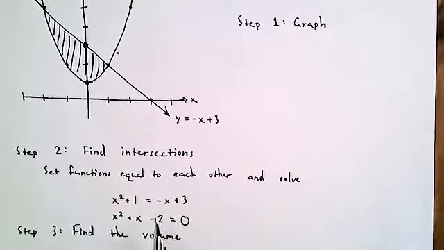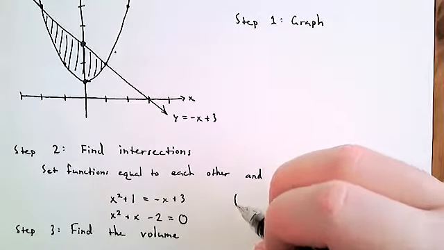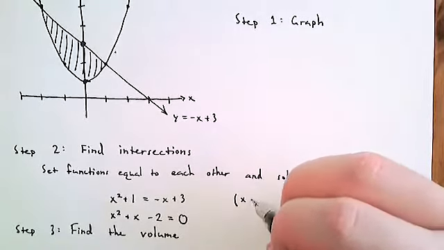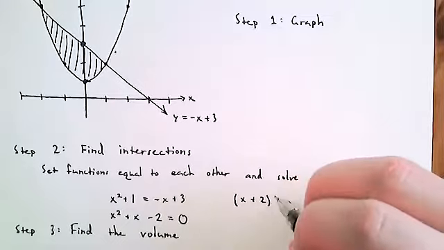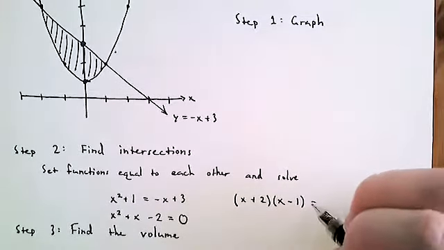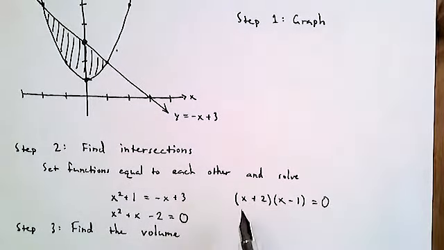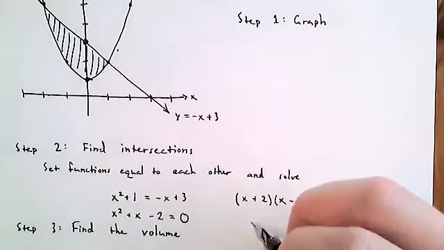And then this one factors. We don't even need to get the quadratic formula involved. Okay, so now we can read off the two solutions. x is minus 2 or x is positive 1.